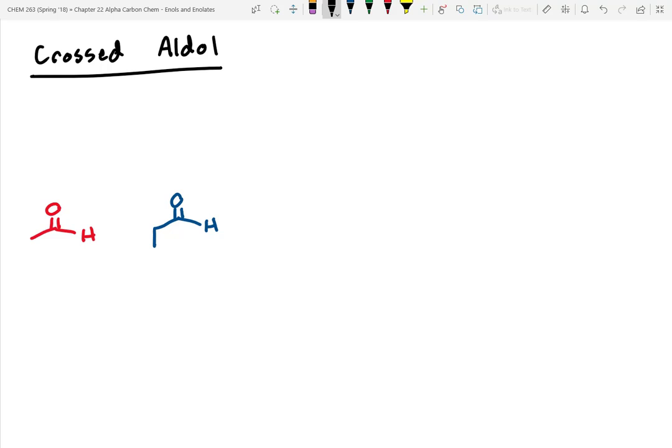Oh, it's tricky, right? So let's think about it this way. This one can react with itself and just ignore the blue molecule. And that's kind of what we've been seeing. So I'll show our new bonds being made and broken here. All right, so the red one reacted with itself to form a beta hydroxy aldehyde.